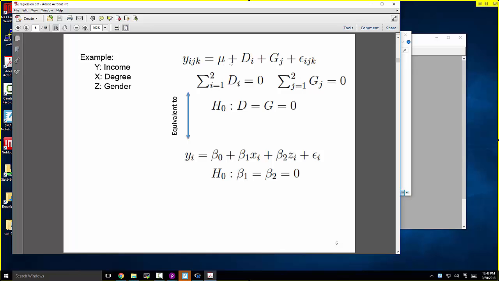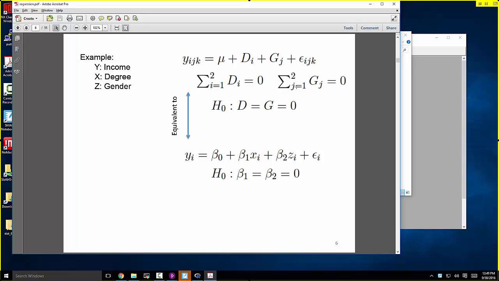This model right here, if we didn't do any restrictions for identifiability purposes, would have mu and 2 D terms and 2 G terms. That's 5 parameters. And that's an over-parameterized model. We have to reduce somehow the number of parameters in order for us to be able to fit it.